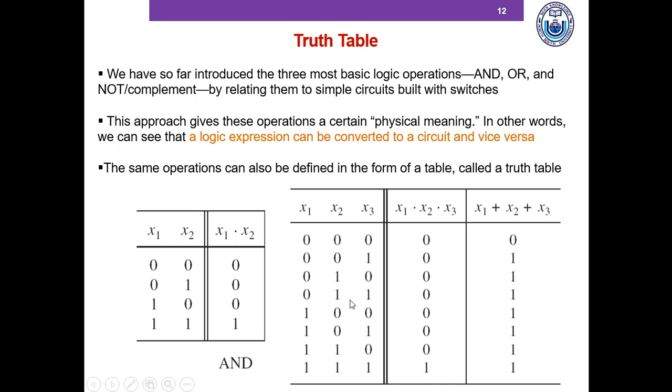So the values of the variables vary from 000 to 111, which represents decimals 0 to 7 respectively, and as usual, the rightmost column represents the output of the function. So this is the output of the 3-input AND gate.